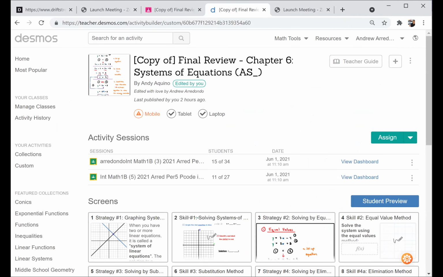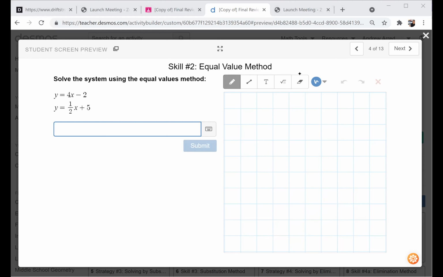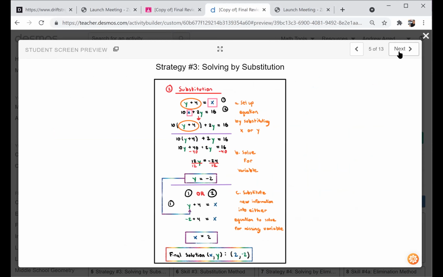So it's actually 2 comma 6. 2 comma 6. Now we remind you about the substitution method.